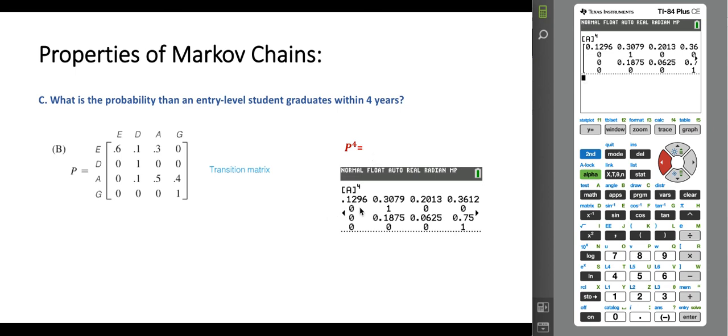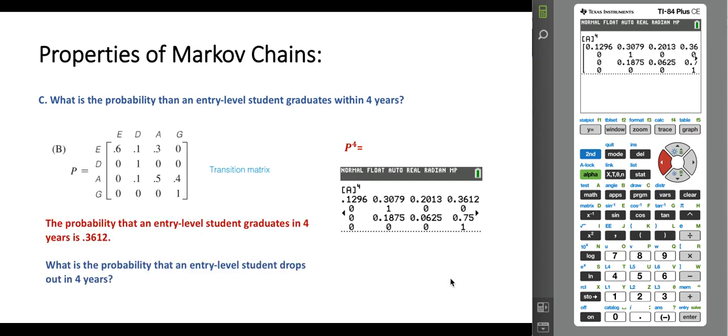So the way you're going to interpret this is, remember, we want to know what's the probability that an entry level graduates. So entry level to graduate is this element in the matrix. And from entry level to graduate, the probability of that happening in 4 years is 0.3612.